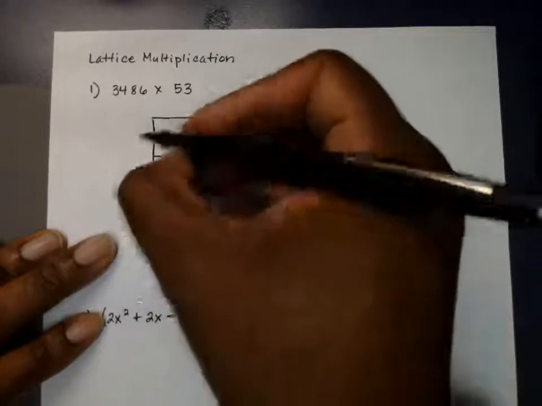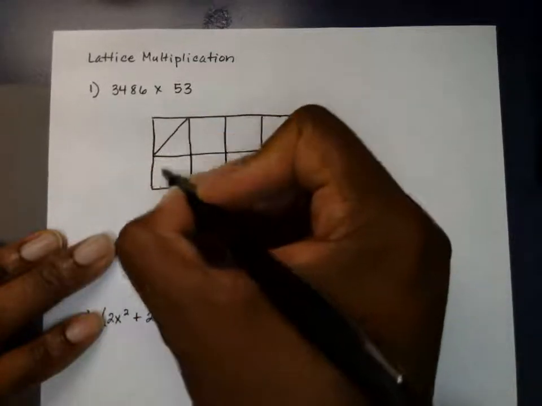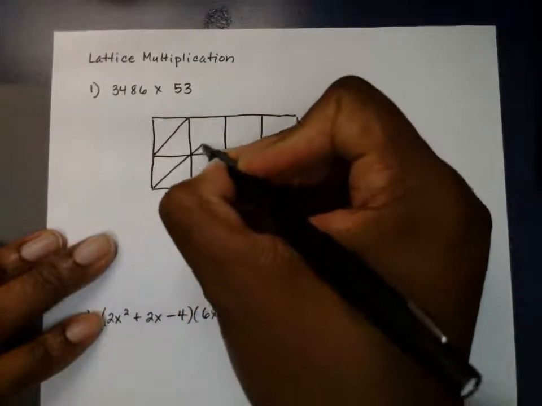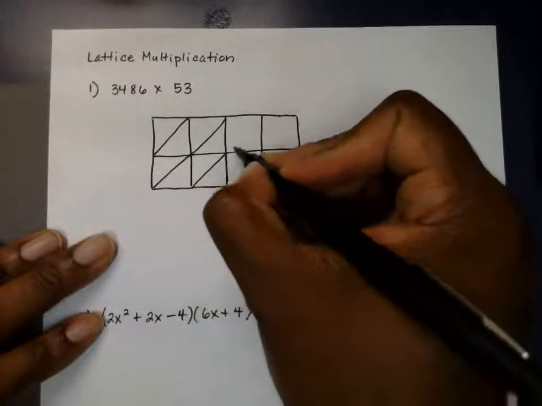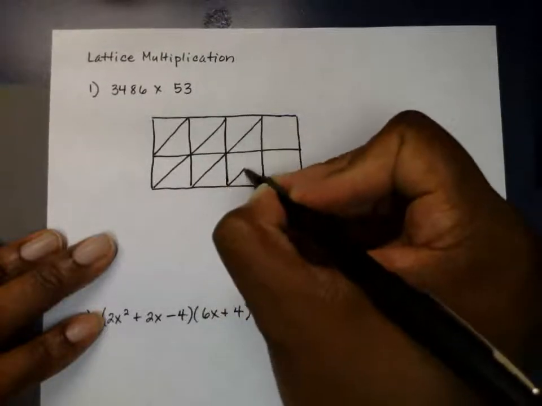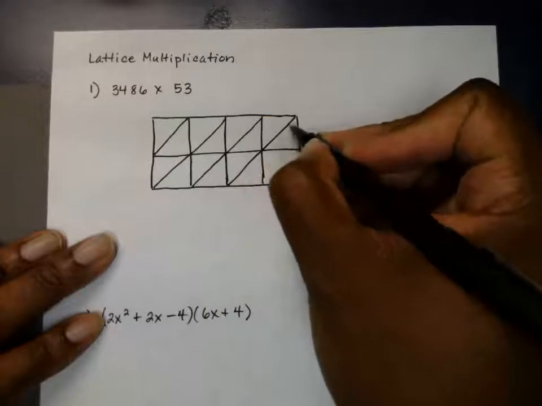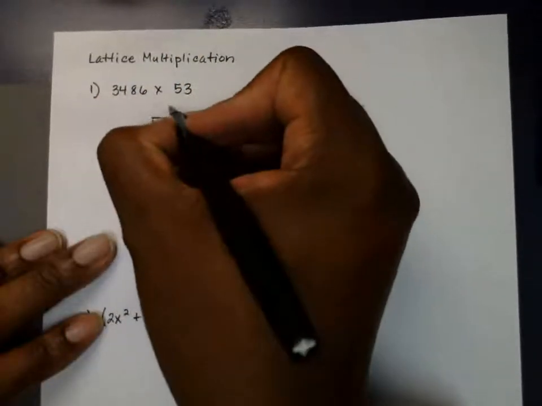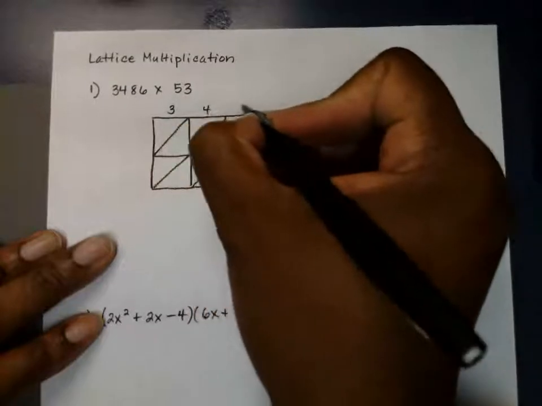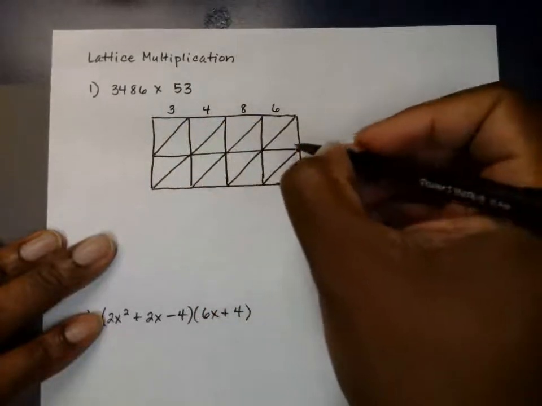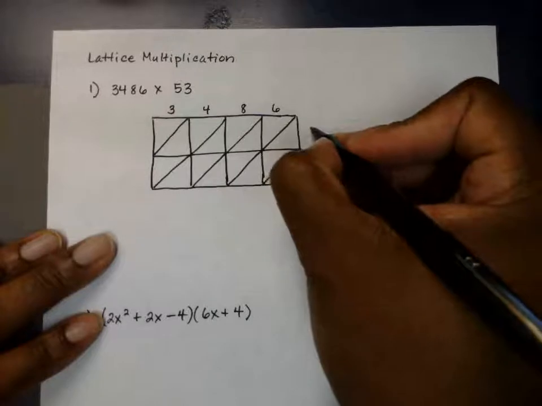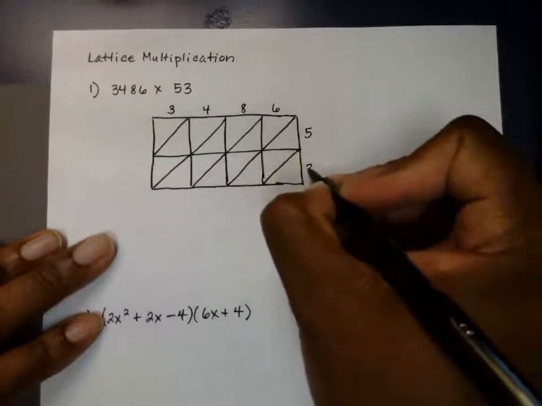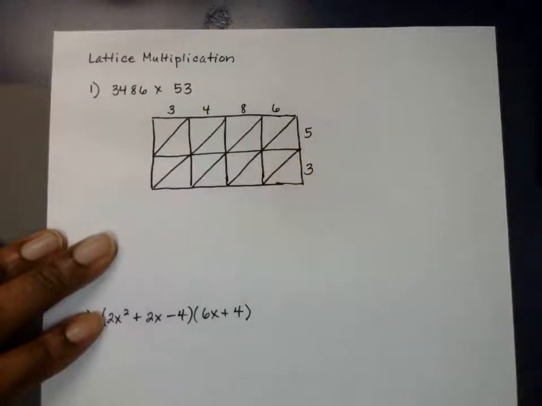Now, since I'm dealing with whole numbers here, I'm going to use diagonals here, because I'm going to put 1 digit in each of these triangles. So for the 3486, I'm going to write the 3, the 4, the 8, and the 6 in each column. The 53, I'll write the 5 for this row, and for this row, I'll include the 3.